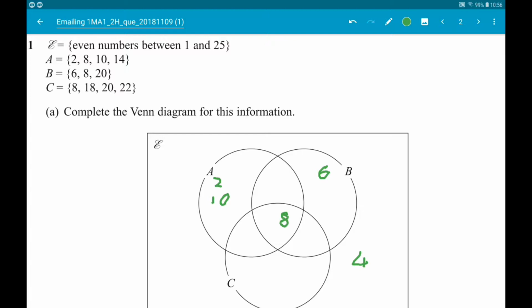12 is in none of the sets, so it just goes on the outside. 14 is in A and only A. Okay, that's all of the ones from A. So next is 16. It's in neither set.